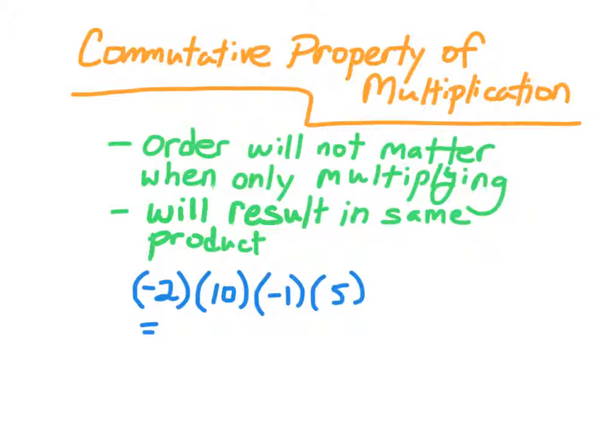So in this first example, what is the result if I multiply these numbers together? What's the result? Okay. Now let's change the order any way we want. It's positive, right? Two negative signs make positive. So I'm going to change the order.